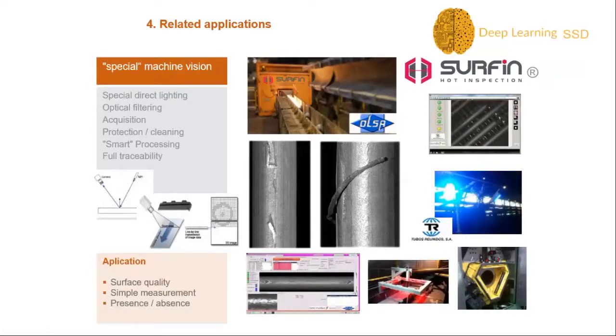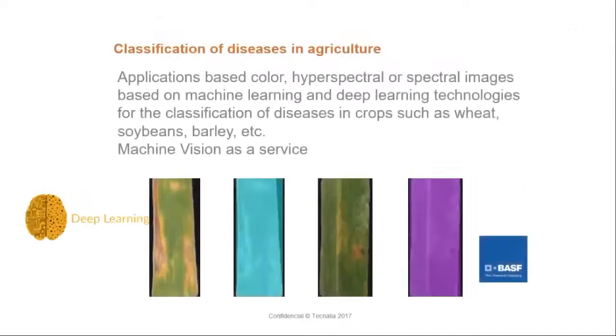Okay, this is the case. This is another one, with this view of photonics, using hyperspectral or spectral images, so using machine learning and deep learning technologies for classification of diseases in plants and other things. And this view is machine vision as a service. Okay?